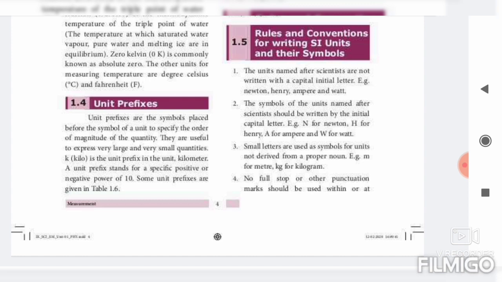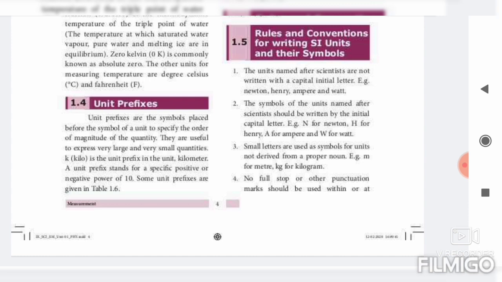Okay. The units named after scientists are not written with a capital initial letter. Example, newton. The symbols of the units named after scientists should be written with an initial capital letter. Example, N for newton. Small letters are used as symbols for units not derived from a proper noun. Example, m for meter.